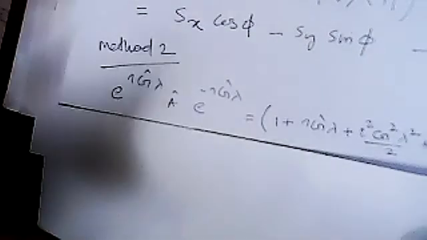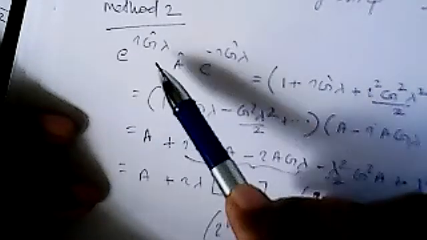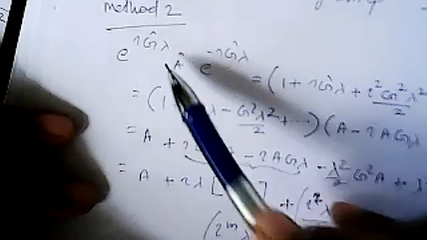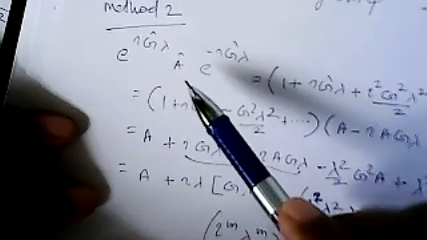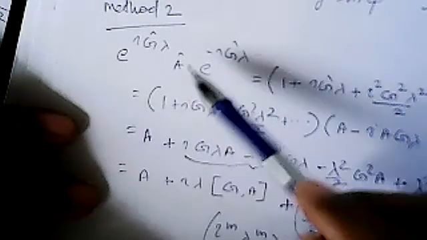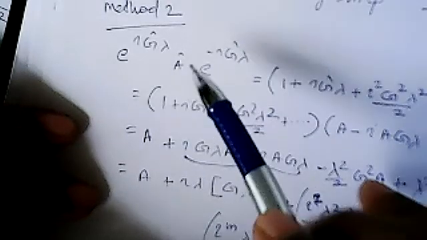Now, the second method: I will give an introduction, but you can complete it. E to the power of i g lambda. This kind of simplification we usually need to solve some problems, so you are familiar with this kind of operation.